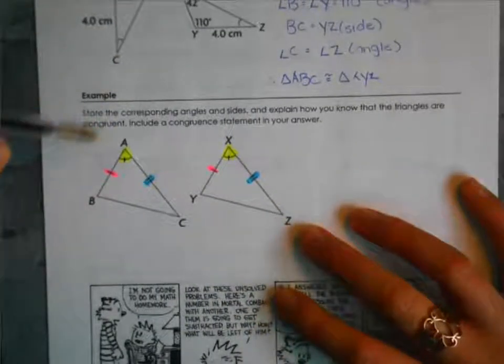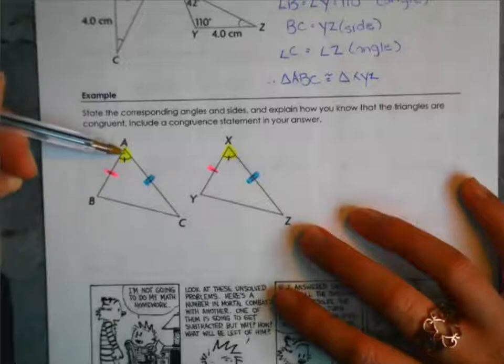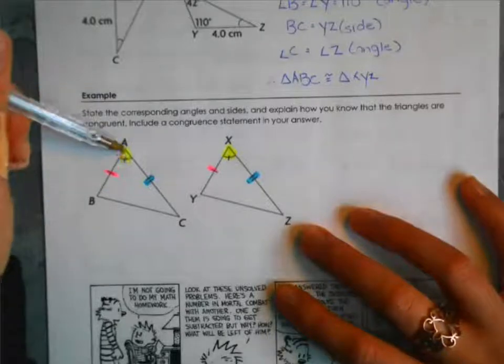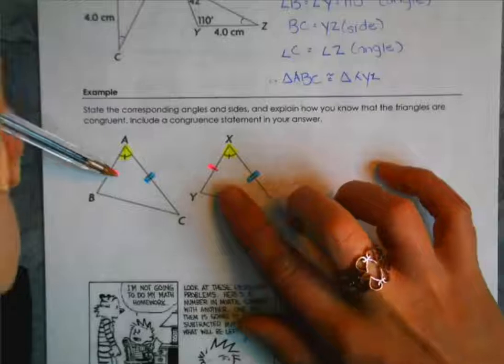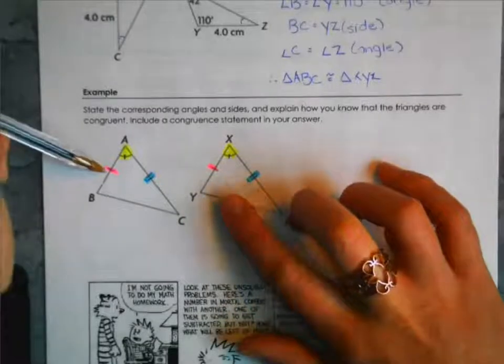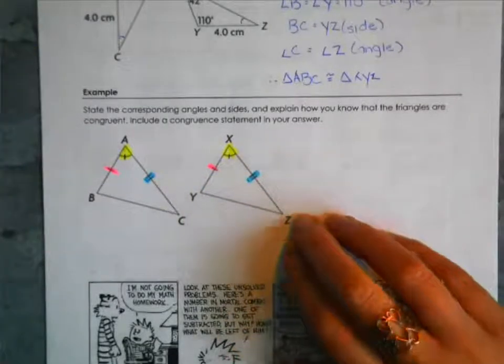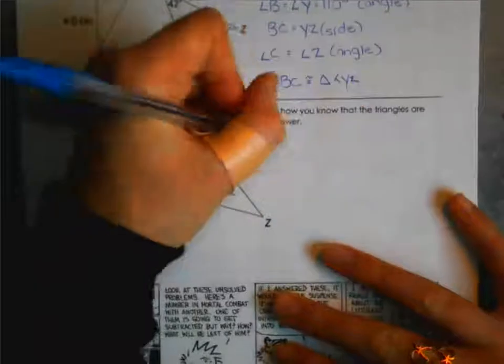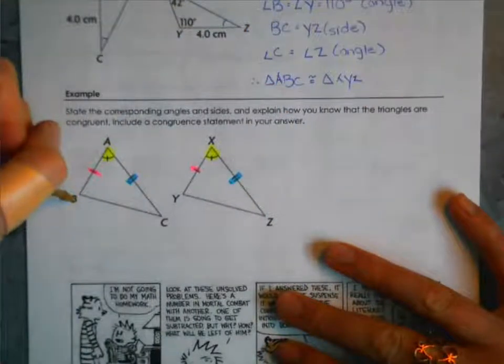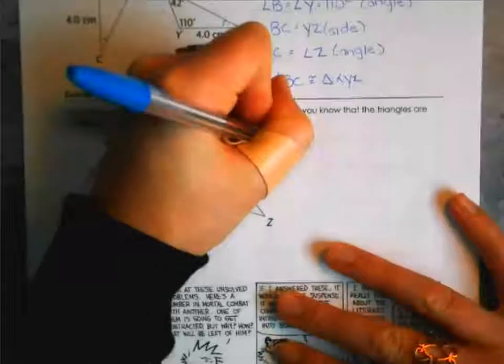So with this one, we can see that we have 2 sides and an angle. Because the angle is contained by the 2 similar sides, we know that we can use our side, angle, side congruency statement. So now all we basically need to do is start with the first side. So let's say AB is equal to XY.